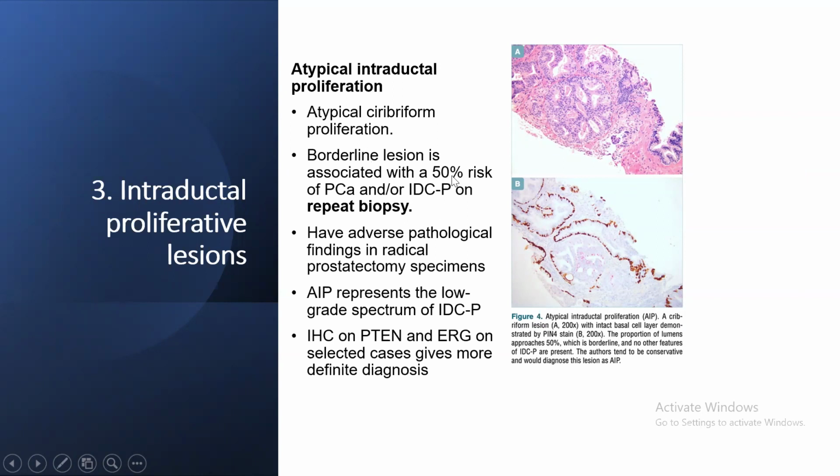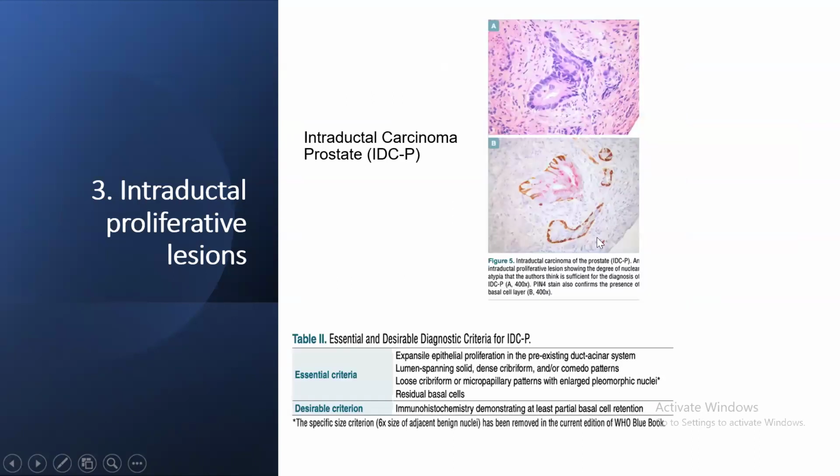Atypical intraductal proliferation has a 50% risk of prostatic carcinoma, and it has adverse pathological findings in radical prostatectomy specimens, and it might represent a low-grade spectrum of intraductal carcinoma of the prostate. If in doubt, we can perform P10 and ERG on selected cases. And here we can see atypical intraductal proliferation where the basal cell markers are still intact.